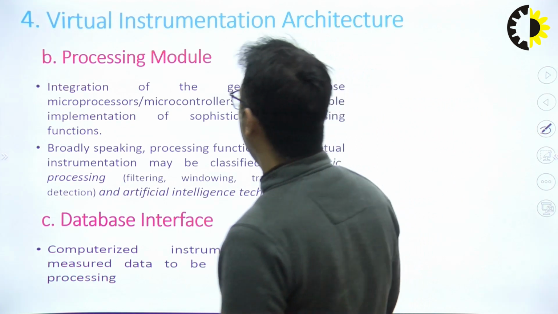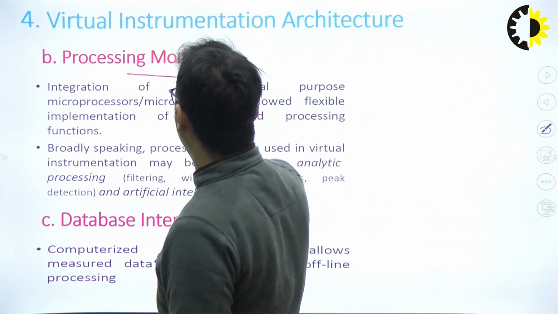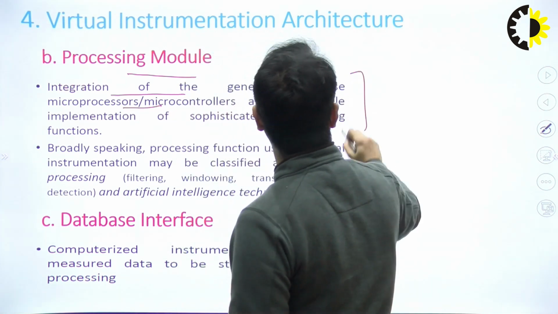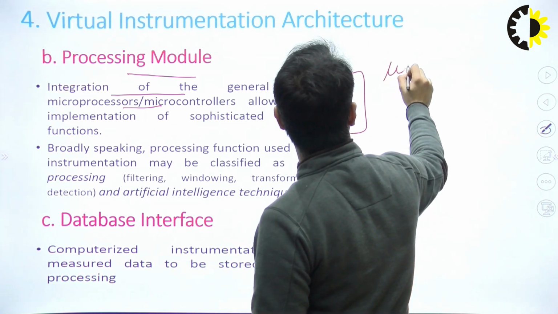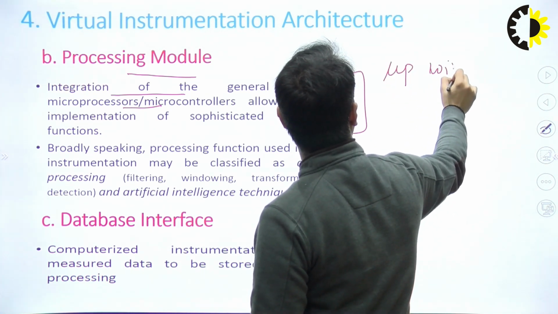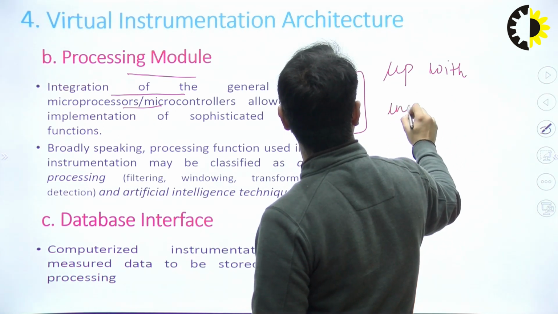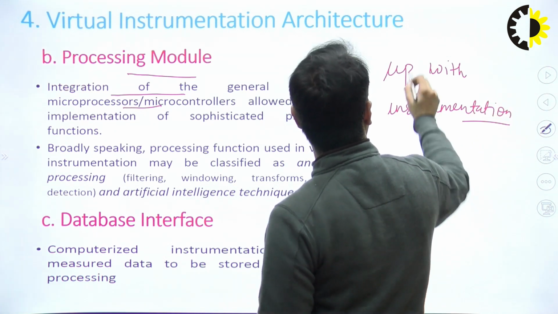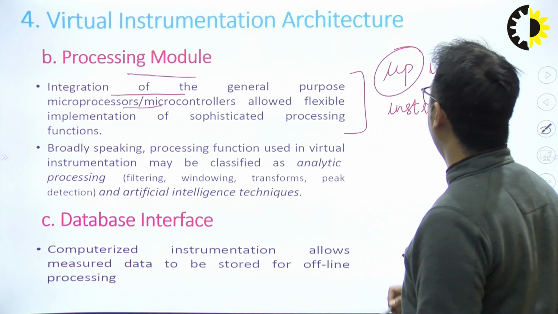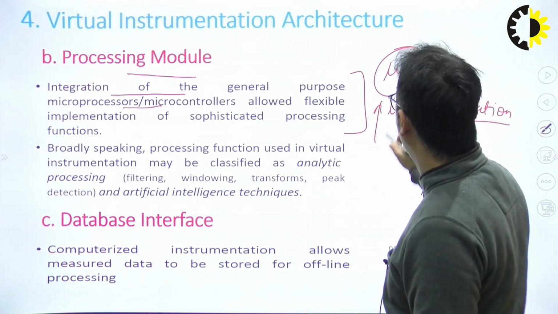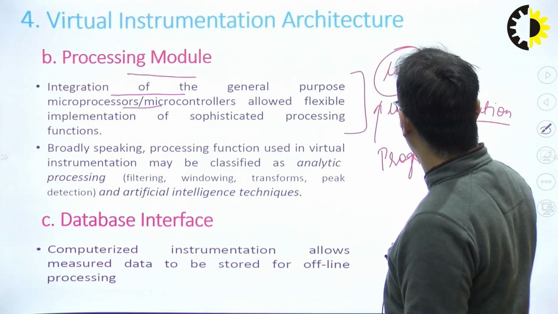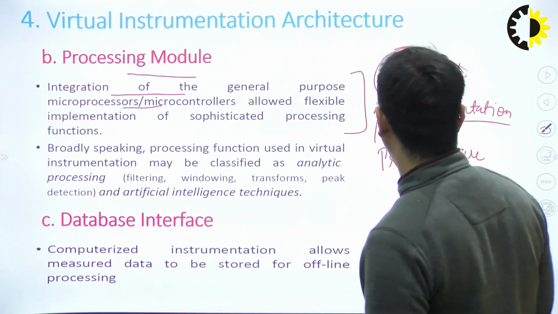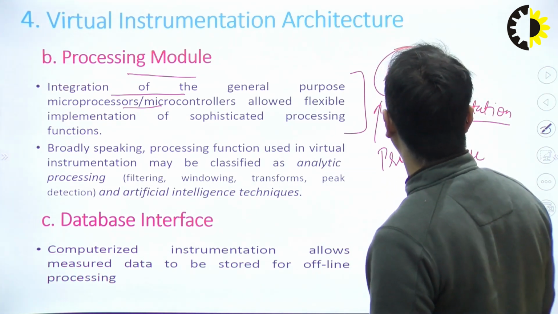Next is the processing module. The processing module is the integration of the general purpose microprocessor. Here we use microprocessors with this instrumentation, or we can say this is the core of this instrumentation, where all the programs are fed, and accordingly the signal is processed.